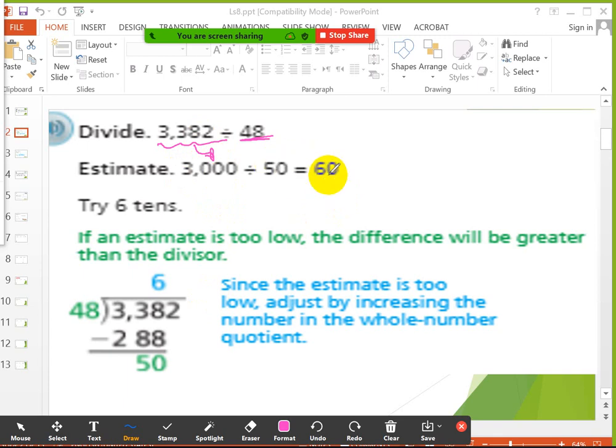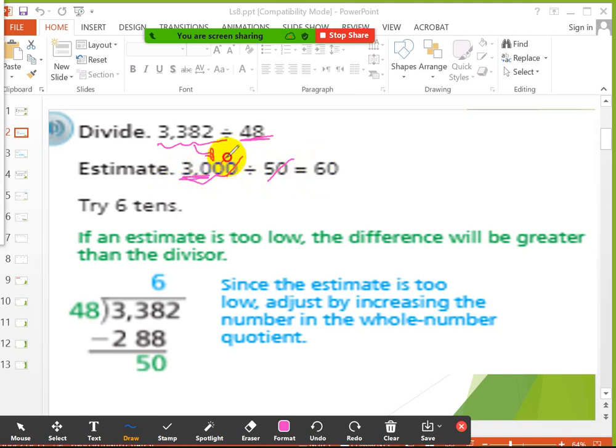How will I find this answer? Look, first thing, I will cancel one 0 with one 0 in the divisor. Then I will divide 300 by 5. Can I divide 30 by 5? Yes. 30 divided by 5 equals 6.